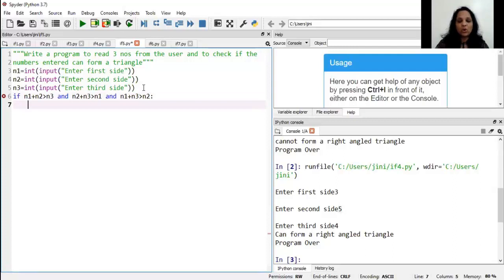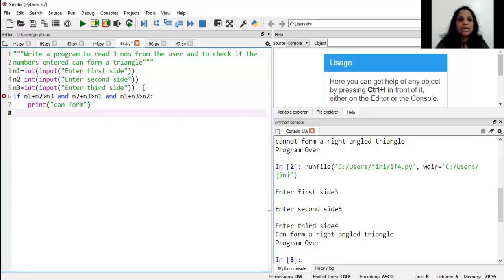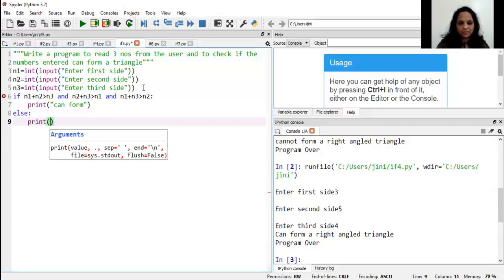In this scenario, what can we say? Yes, it can form. So I'm just writing a small message here: print can form. And if I don't satisfy this condition, then what do I write in the else? Print cannot form.